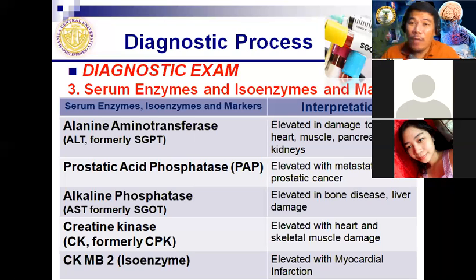Next, if the client experiences heart attack, to determine a problem with myocardial infarction, which is heart attack, the test is CKMB. Okay? So creatine kinase could be present in the heart and the muscle, but to determine specifically an episode of heart attack, such as myocardial infarction, it's CKMB.